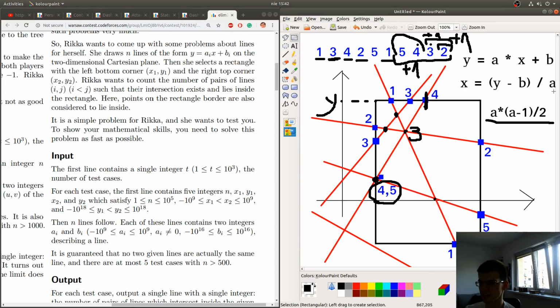You store this as a pair of numbers, like the numerator and denominator of a fraction.